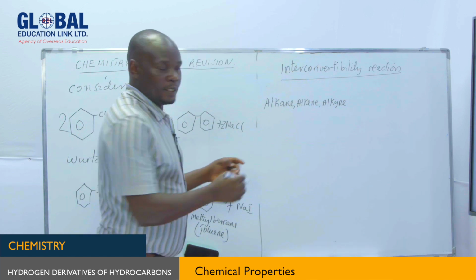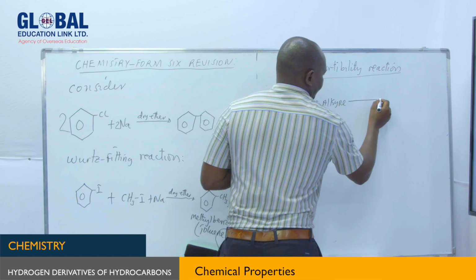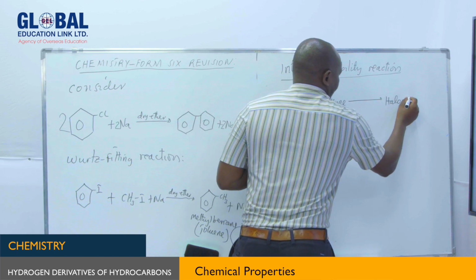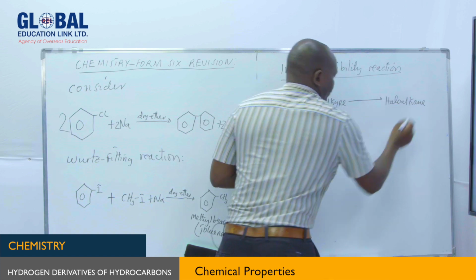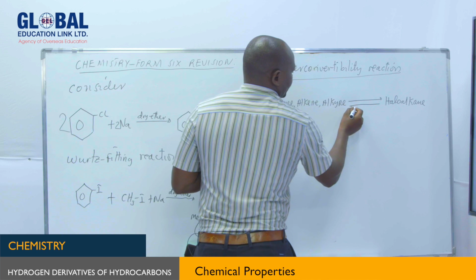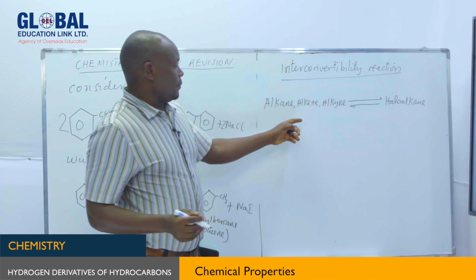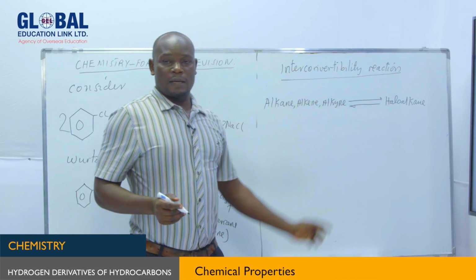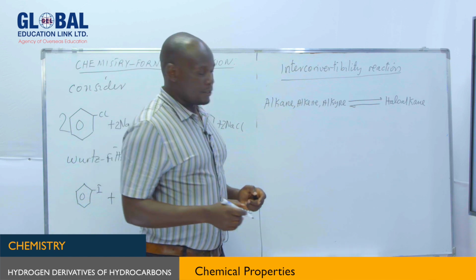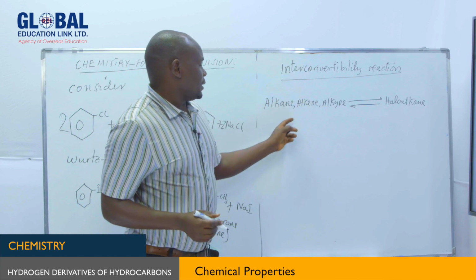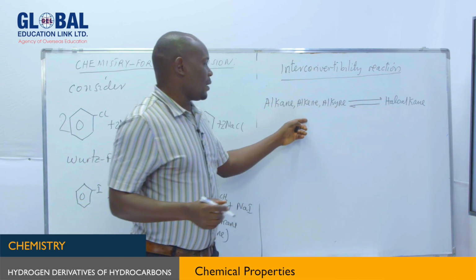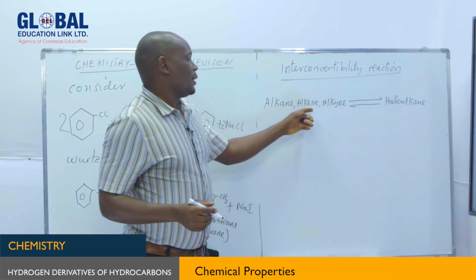They can be used to produce haloalkane. But at the same time, haloalkane can be used to produce alkane, alkene and alkyne. That is what we call interconvertibility.